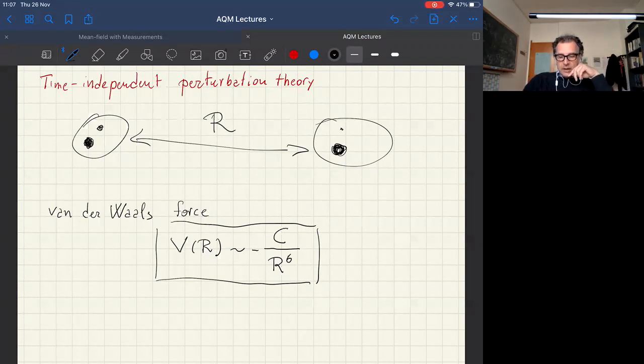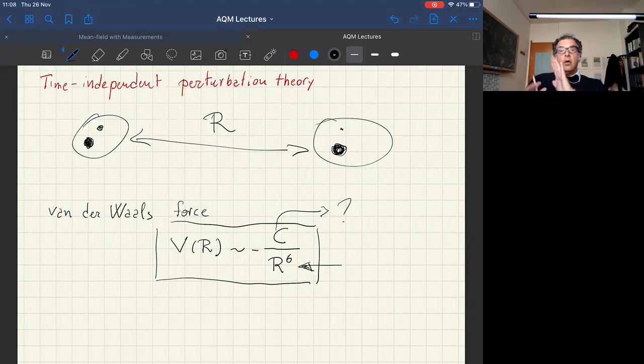And we will see what is the origin of the r to the 6, which comes from the multipole expansion. And also we would like to understand how to get the constant, which gives you the strength of the interaction between these two hydrogen atoms. This is something we can determine in perturbation theory.